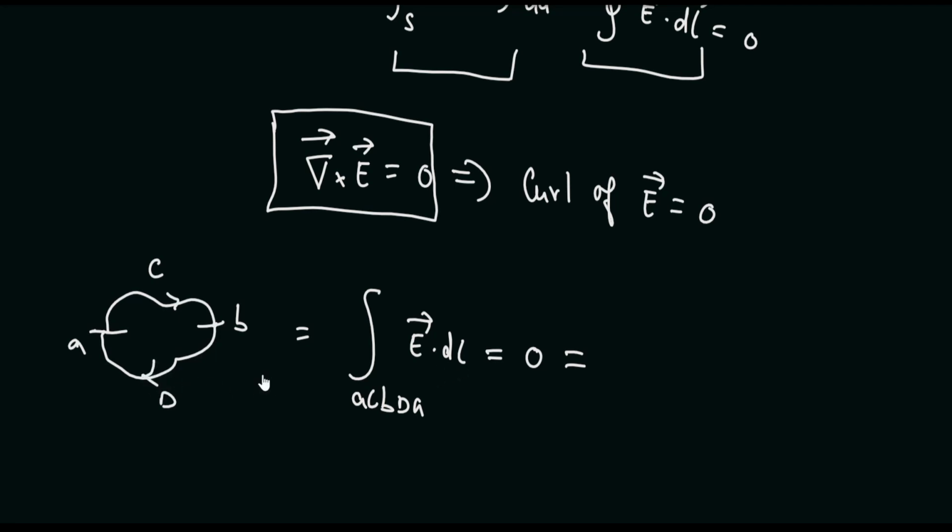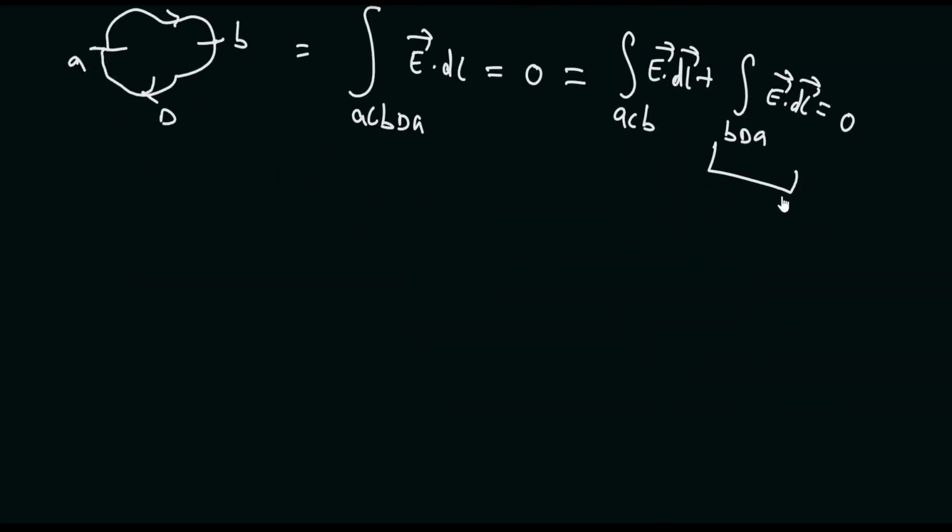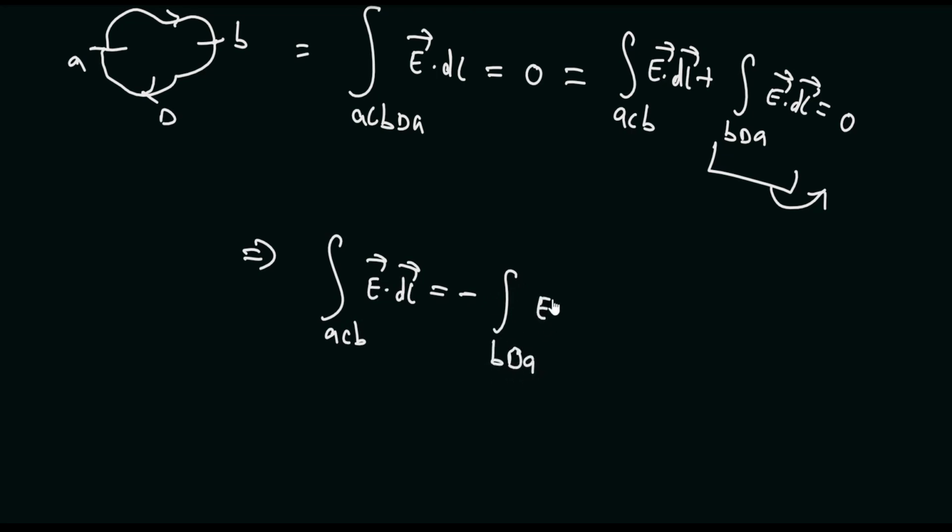Therefore, we can write the integral A C B of E dot dl plus the integral B D A of E dot dl is equal to 0. Now we can take this integral over to the other side. Therefore, we would have the integral A C B of E dot dl is equal to minus the integral B D A of E dot dl.